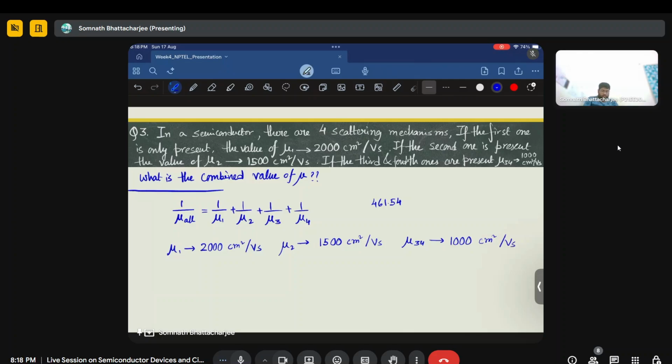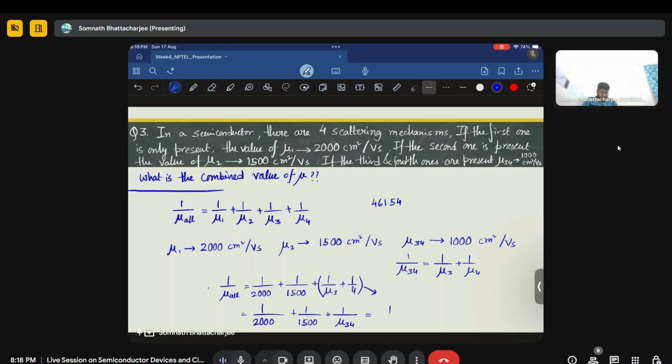So first we need to know how we have calculated mu34, right? 1 by mu34 will be 1 by mu3 plus 1 by mu4. Now, considering 1 by mu total, if we put in the values, it would be 1 by 2000 plus 1 by 1500 plus 1 by 1000.